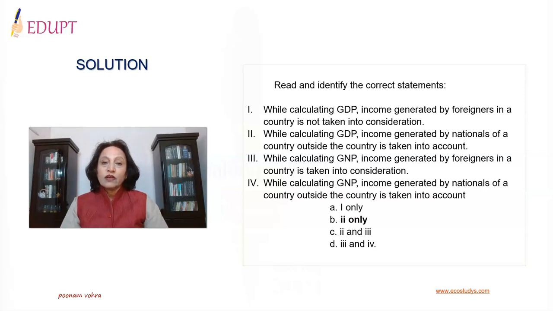Out of the two, what gets included in GDP? What gets included in GNP? Or what is to be deducted in the case of GDP or in the case of GNP? Then whether it is this question or any other such question, you will have no problem in answering.